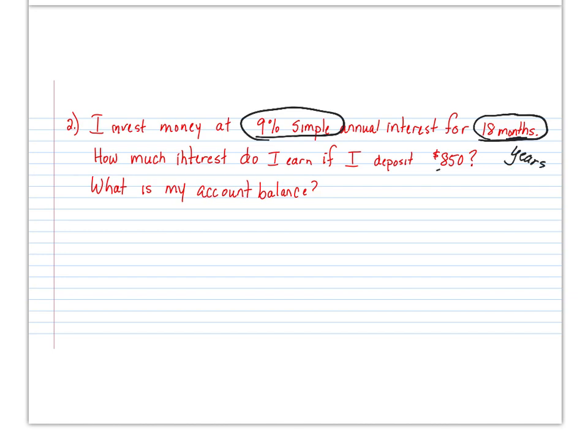And I deposited $850, that's my P. It wants to know how much interest, so I write I equals, my P is $850, that's how much I put in. My R is 0.09. And my T is 18 months.